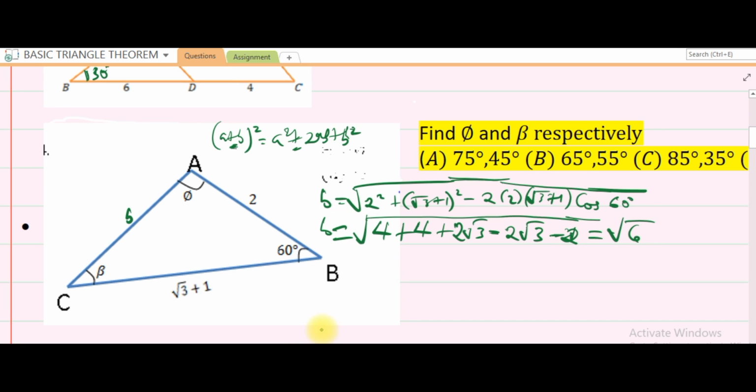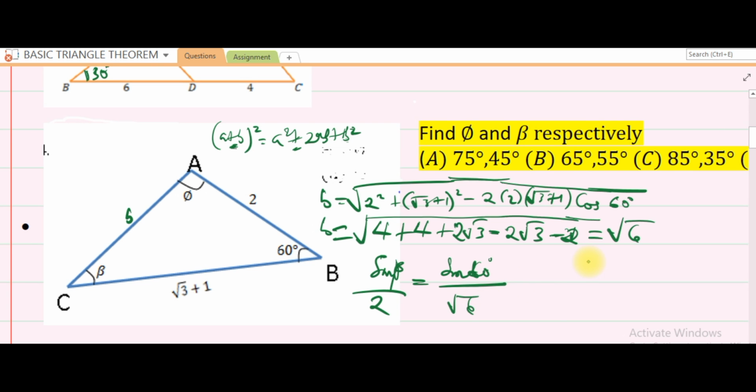But remember, we're asked to find beta and phi. So we've known this as root 6. Applying the sine rule, which states that sine beta over 2 must be equal to sine 60 over b, which is root 6.